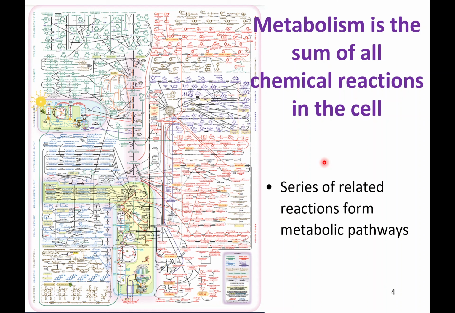Okay. And these pathways are related reactions. I'm not going to focus too much on this figure because it's really hard to read, but you have these molecules and then an arrow and then a different molecule, and that arrow is indicating there's a reaction taking place, and those reactions are catalyzed by enzymes. What you'll also notice is that all of these pathways are really interconnected with each other, so it makes kind of like a web.